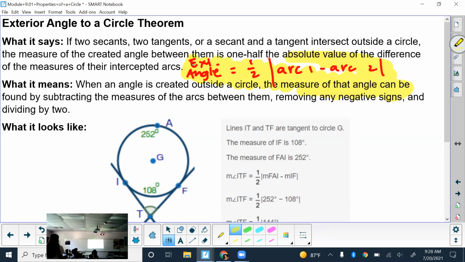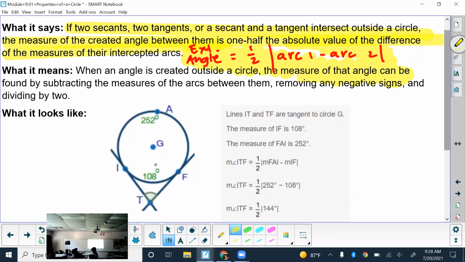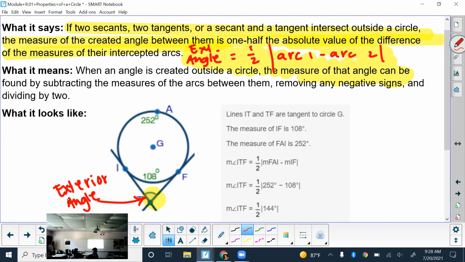Otherwise, you just have to read this definition and come up with it from there. But this measure right here, that exterior angle, is equal to half the absolute value of the arc measure.